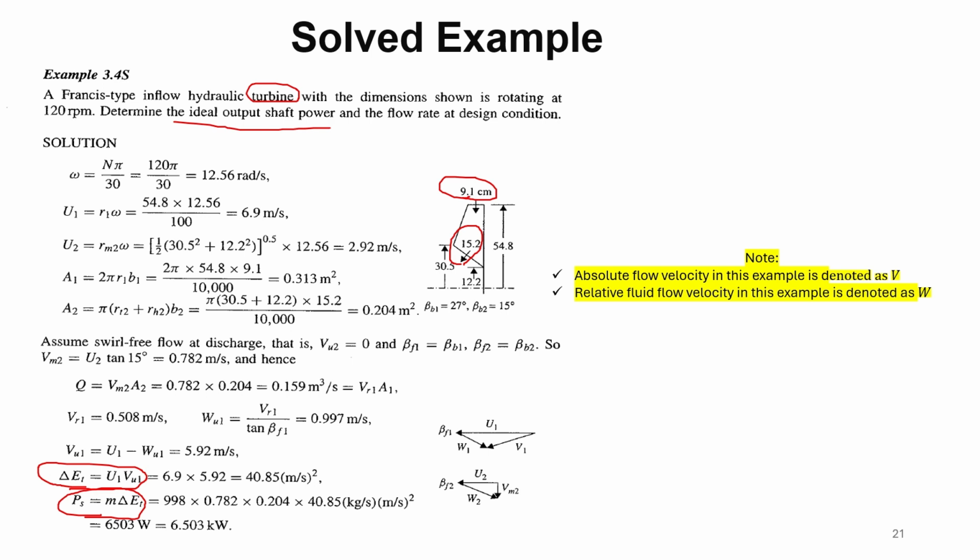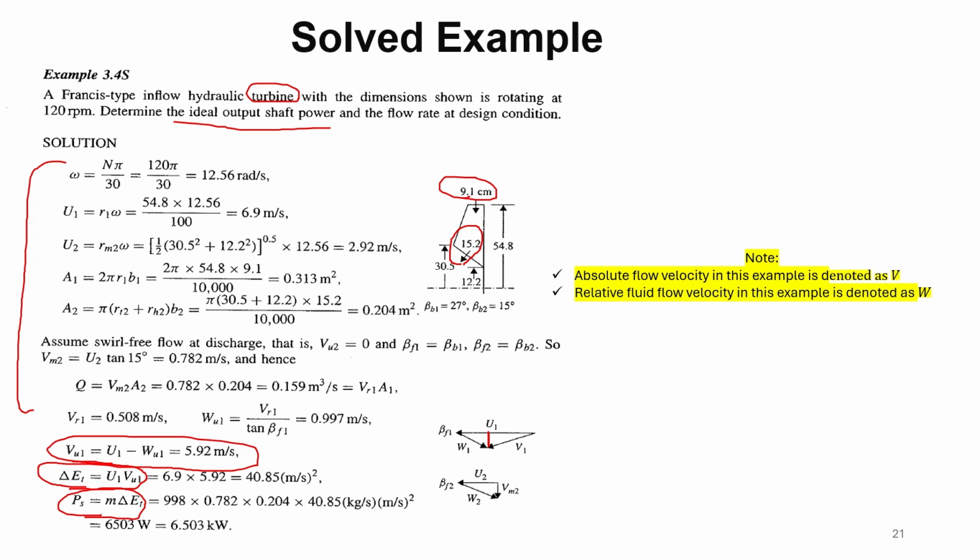But in order to get V U1, you need to do some calculations, some steps ahead. The main point, V U1 is just U1 minus the tangential component of the relative flow velocity, which is this guy. So this is basically this distance.